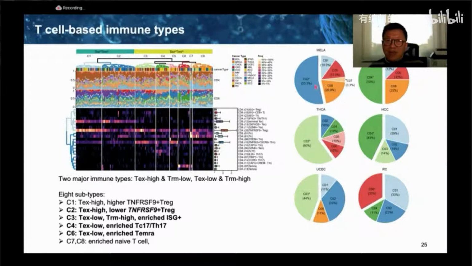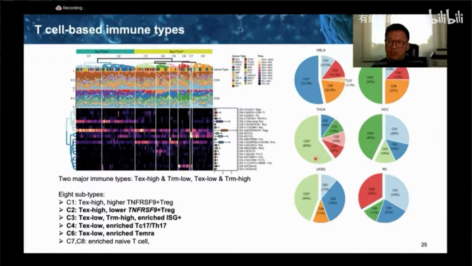Notably, over half of the melanoma samples were of immune type C2. Okay, that has high exhausted T cells, but low TNFRSF9 Tregs here, consistent with their tendency to respond to immune checkpoint blockade. Another example, the C3 group is enriched in both thyroid carcinoma and uterine corpus endometrial carcinoma.